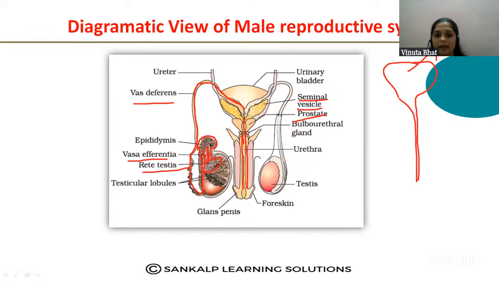Okay, so like this the sperms move into the external genitalia, which I will explain later.